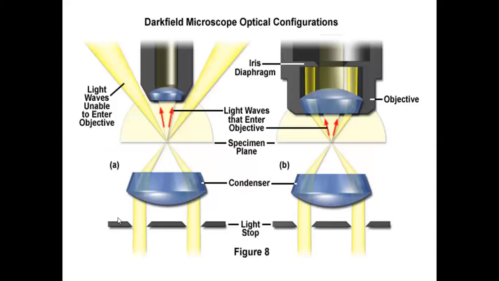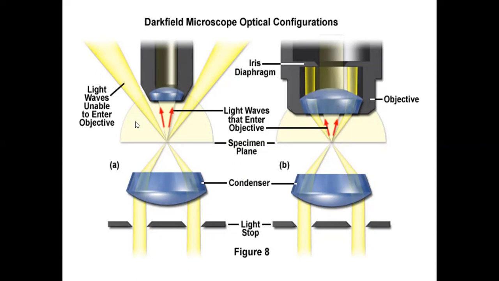Look at this picture. Here we can see the difference between usual light microscopy and dark field microscopy. In dark field microscopy, we have a specific iris diaphragm and a specific dark field condenser. Look at the difference between the rays which go to the objective.